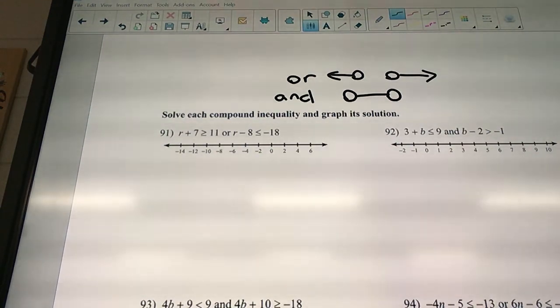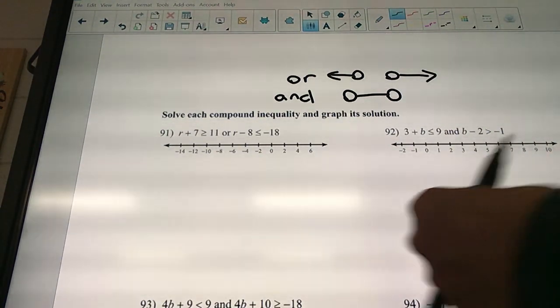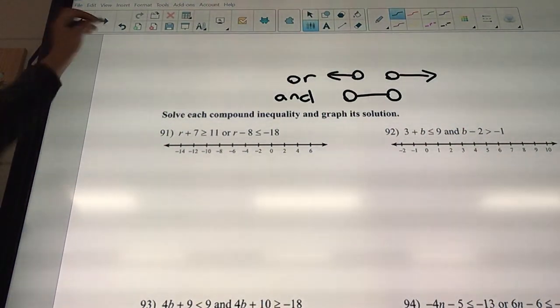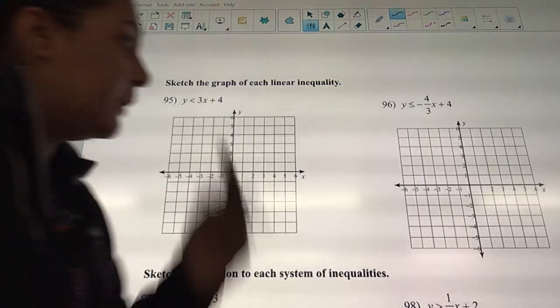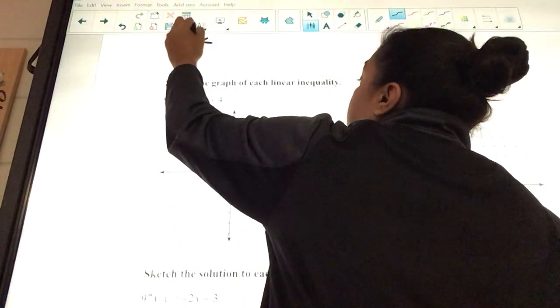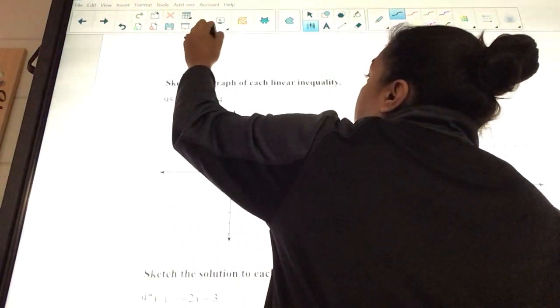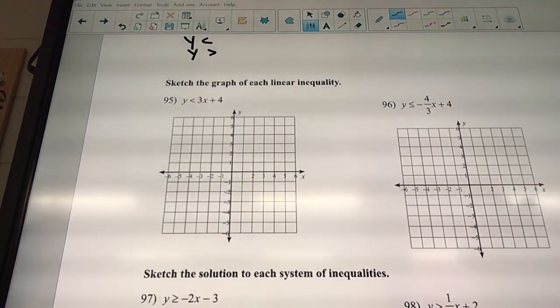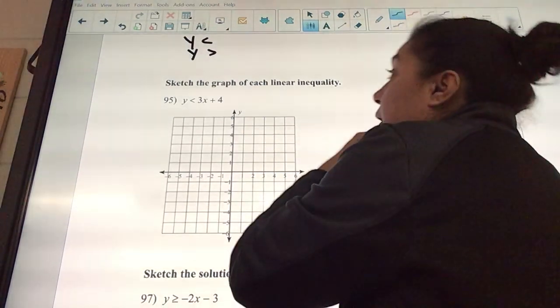Okay, and then the last section, number 95, 96, 97, 98, is the graphing. And so the graphing is the one where you would need the most notes. If it's like this, is that going to be a dotted or solid line? That's a dotted line.